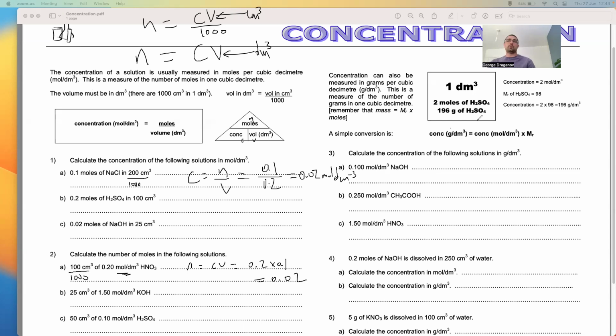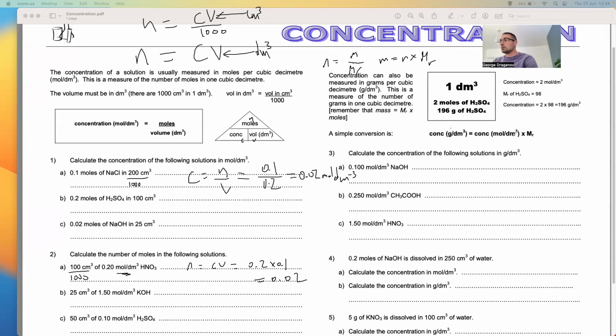Now to interconvert between the two, you do as follows. Because moles is here, and this is mass, grams is a form of mass. If you remember the formula moles equals mass over Mr, then mass equals moles times Mr. You already have moles.